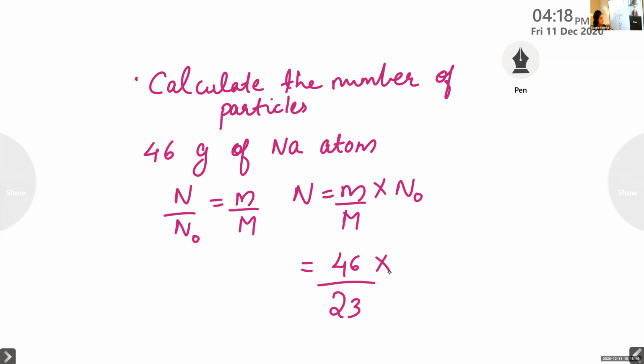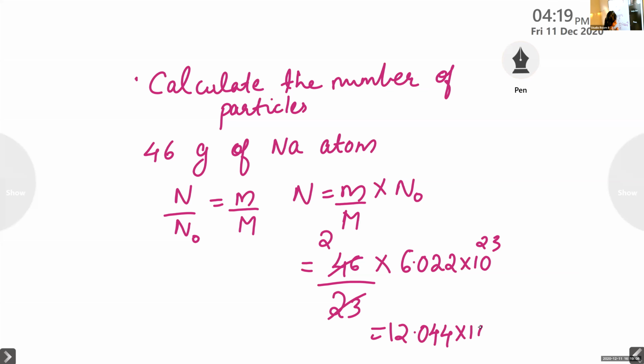What's the value of N0? 6.022 into 10 raised to 23. 2 into 6.022 into 10 raised to 23, that is equal to 12.044 into 10 raised to 23. Okay.